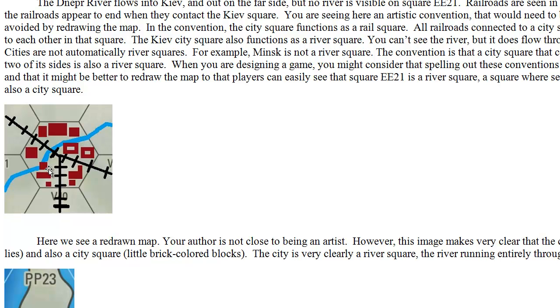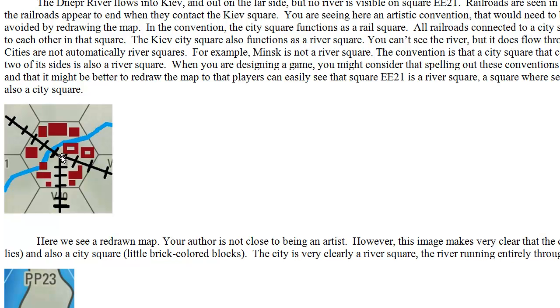Cynics would suggest that this building should be under the river, not on top, so there's no doubt that the river runs through it. Furthermore, the railroads come along like this, and like that, and like that, and are clearly joined at the middle, so there is absolutely no doubt that the railroad runs continuously through the square.